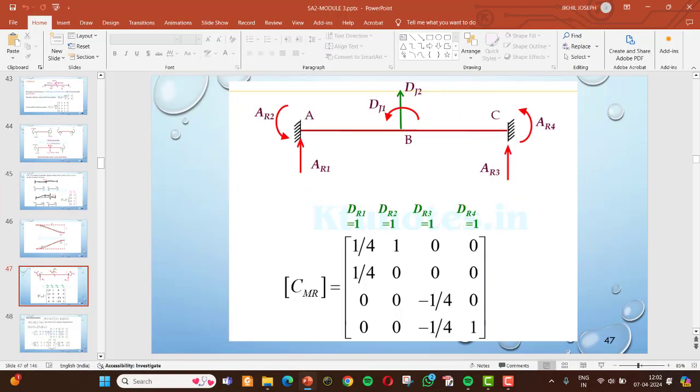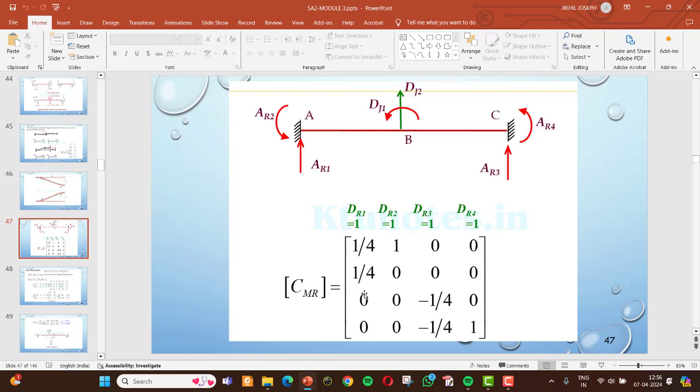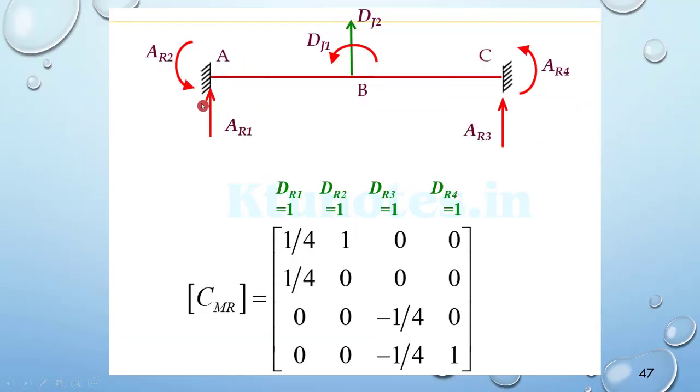Just a minute. Yeah. So when the deflection is applied to the point here, A, and the corresponding deflections at points A, B, then for the B, C are written in this column.